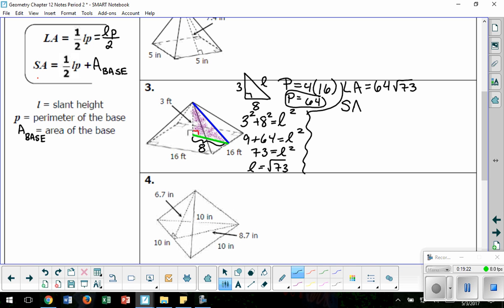Surface area is going to equal 64 square root 73 plus the area of the square. So surface area is going to equal 64 square root 73 plus 16 squared. Okay, do that in your calculator and tell me.